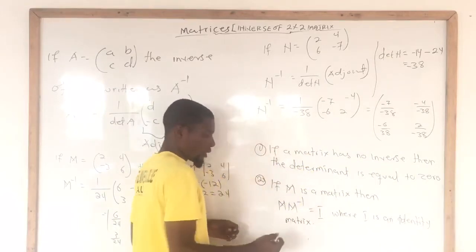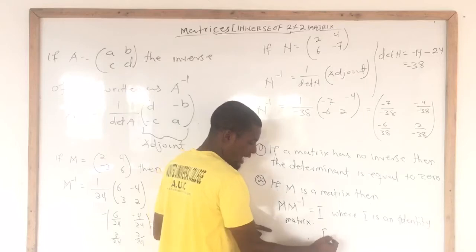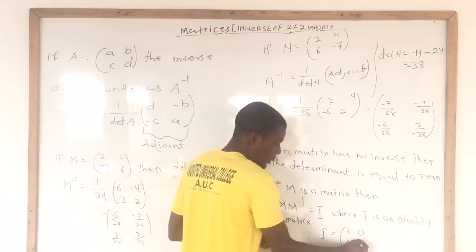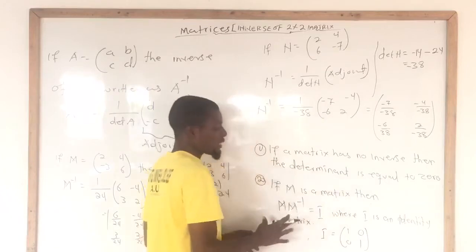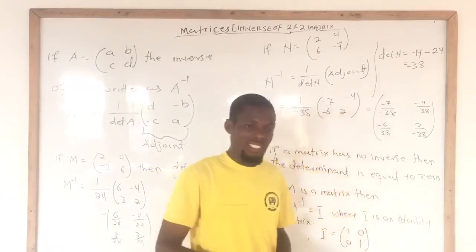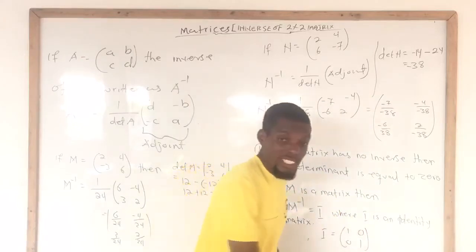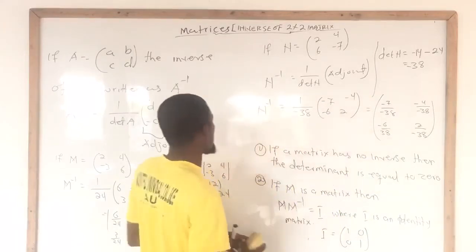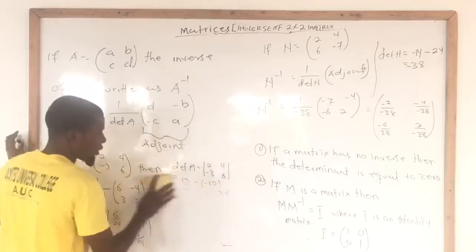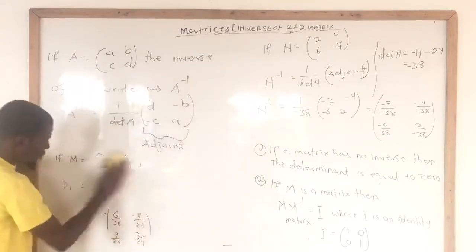Okay? And remember we said identity matrix when we were starting, we said it's 1 0 0 1. Whenever a matrix multiplies its inverse, you get an identity matrix. Let's just prove this to see whether what we are saying is true, and then we will come to a close on this episode.